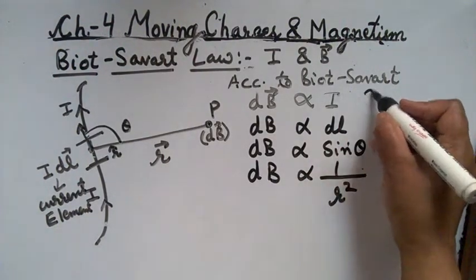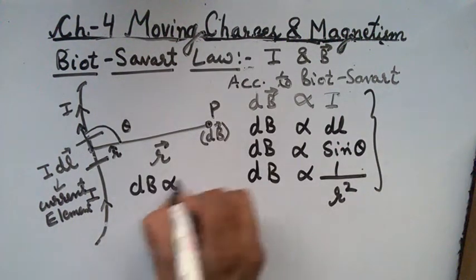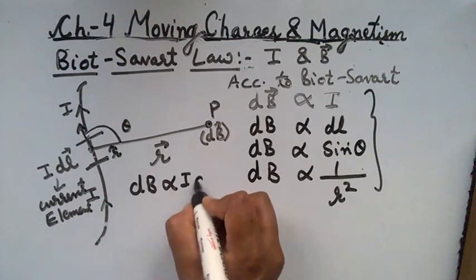Combining all these factors, we get dB is equal to I dl sine theta by r square.